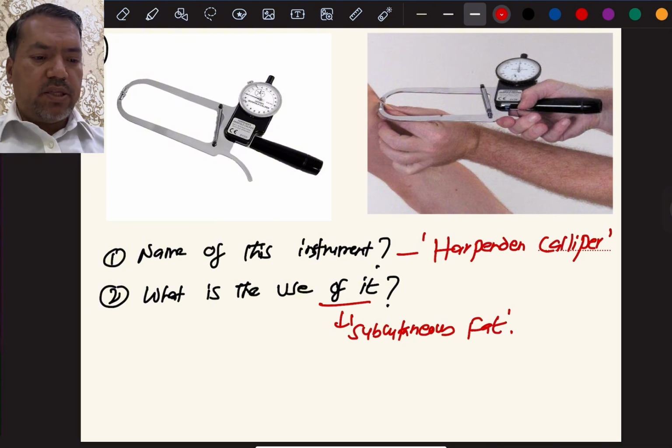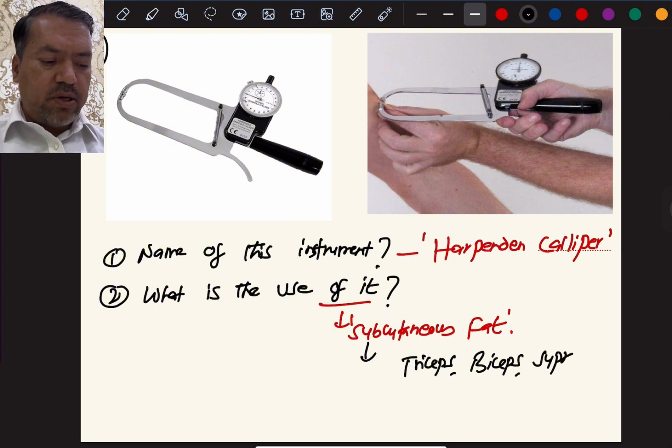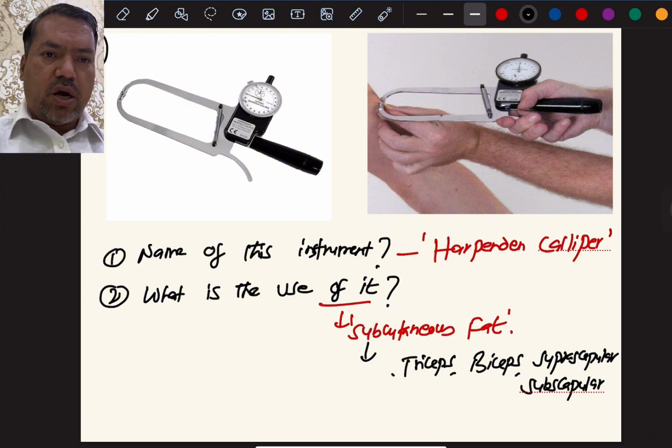And this subcutaneous fat is mainly measured in triceps area, in biceps area, in suprascapular, and subscapular area. Okay, these are the areas where this is usually used.